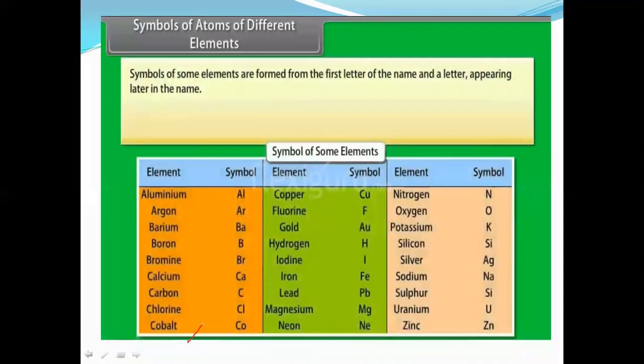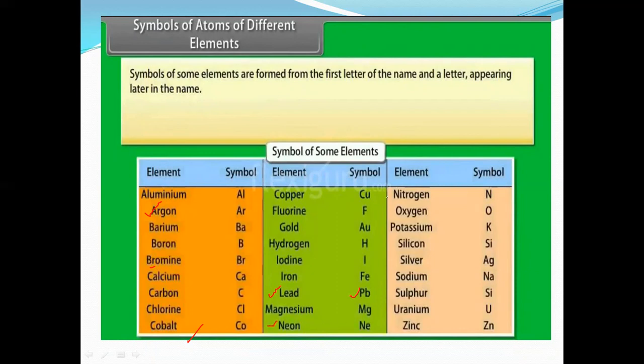If we see here, aluminium Al, argon Ar, this is a noble gas, barium Ba, boron B, look, this is BBB, and bromine Br, calcium, chlorine, carbon, cobalt, we have seen this, copper, cuprum, fluorine F, gold, aurum, hydrogen H, iodine I, iron, lead, that is called plumbum in Latin, so there's Pb from that, magnesium Mg, and neon, that is also a noble gas, that is Ne.